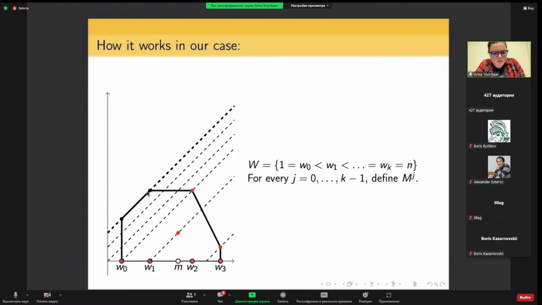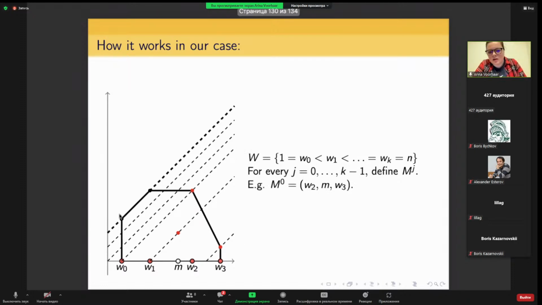And then in the setting of this example, I had the subdivision W1, W2, W3, and then some point M, which was an unlucky one, such that the corresponding coordinate of gamma is too small for it to participate in the roof. Well, as you can see from this picture, it does matter, unlike in the classical setting. So for such an interval, I can just define the sequence.